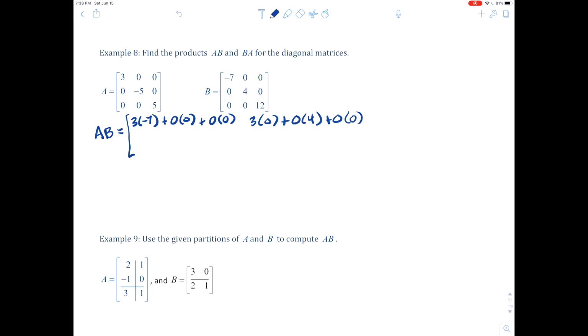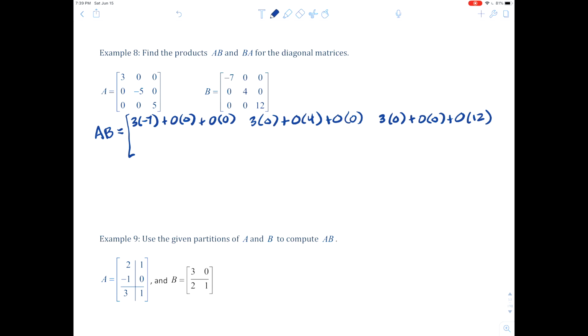And then first row, third column entry will be 3 times 0 plus 0 times 0 plus 0 times 12. Cool, cool? All right, and then now we'll use the second row of values.